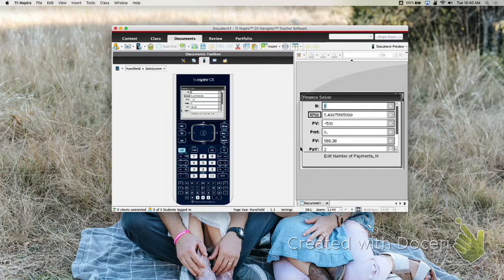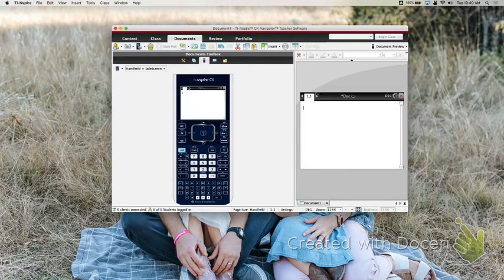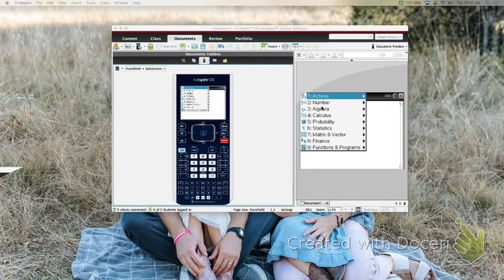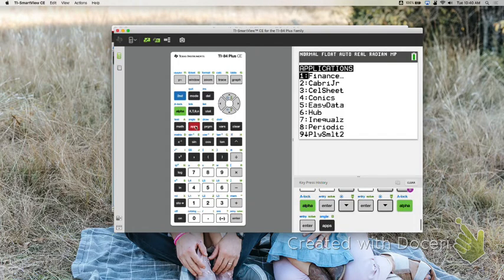I have no idea why that's not clicking there. Let me escape this. There we go. Okay, let's see if this works. Nope. All right, I cannot use this. Hang on for Inspire, I've got to quit this and come back to it. Not working. Perfect. All right, for the 84s, under apps, finance. Instead of choosing TVM solver, scroll down.